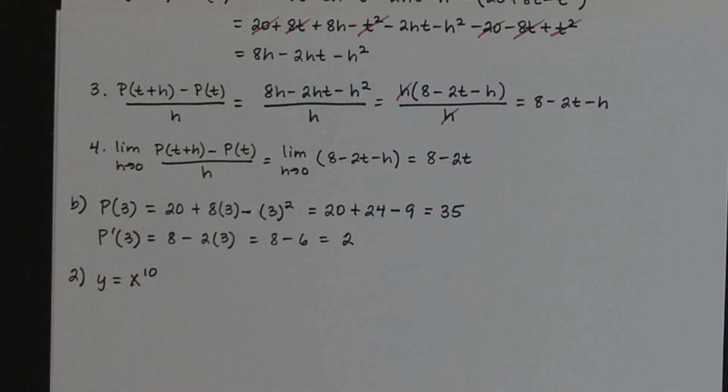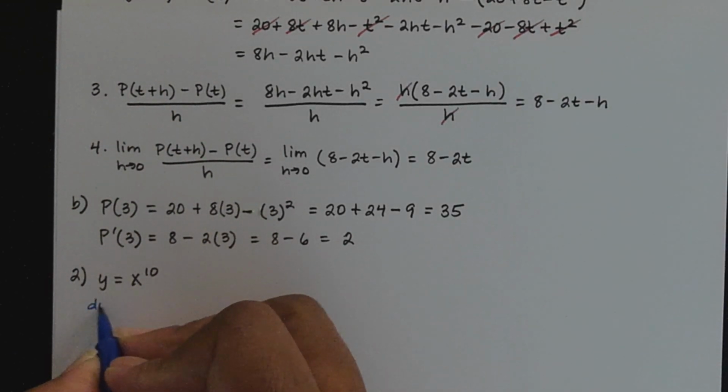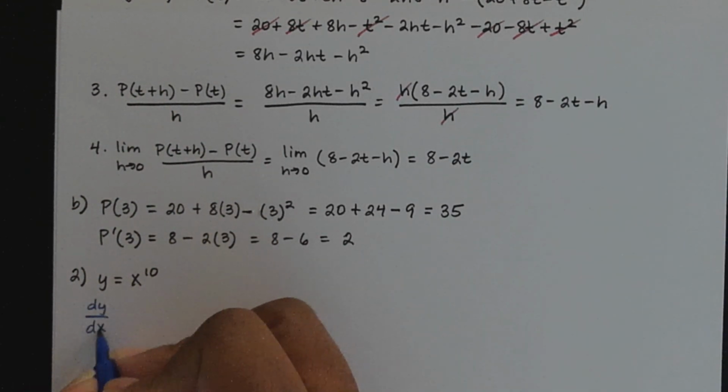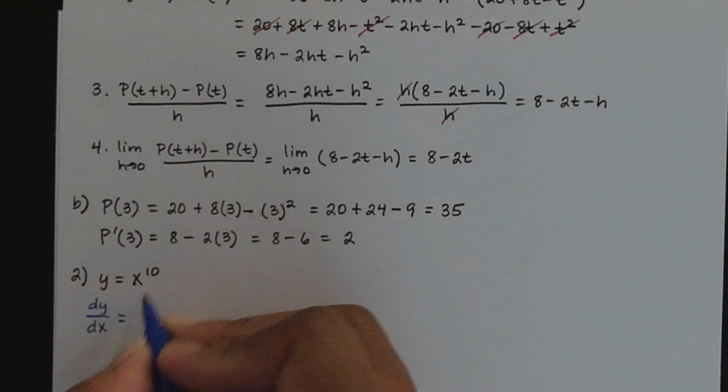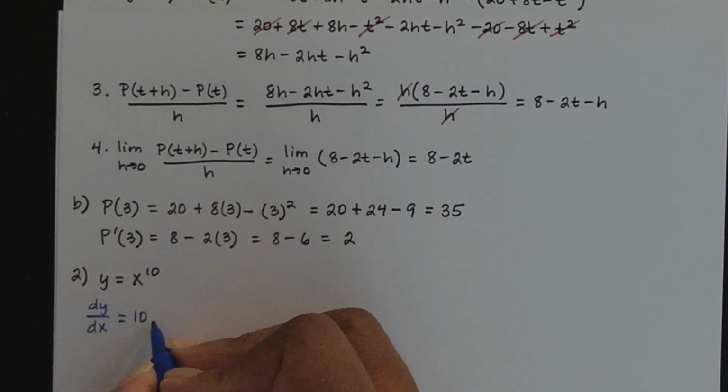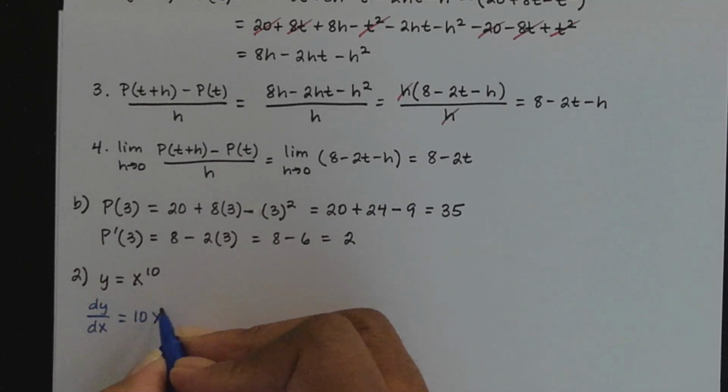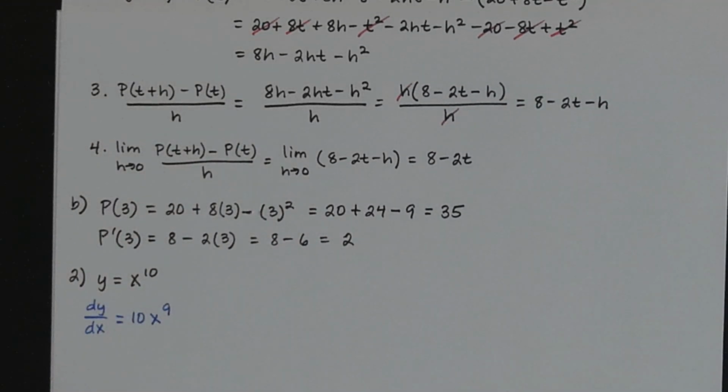All we need is just dy dx. So here we use the power rule for derivatives. So what would be the derivative of x to the 10th? 10x to the ninth. We bring the power down, which is your 10. Copy the x over to the 1 less power. So it'll be 10x to the ninth.